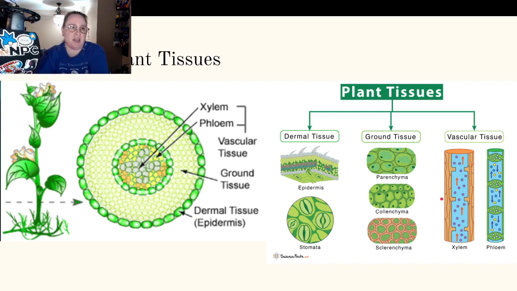Basically, xylem is hard-walled, and it's usually for going just one direction, which is up. And how this is achieved, if you remember, we talked about the stomata, which are the pores on the surface of leaves and other parts of plants.